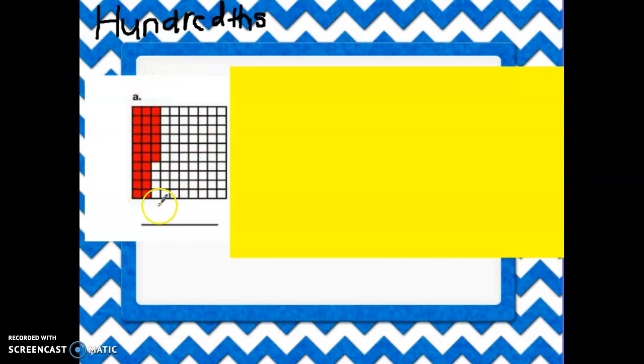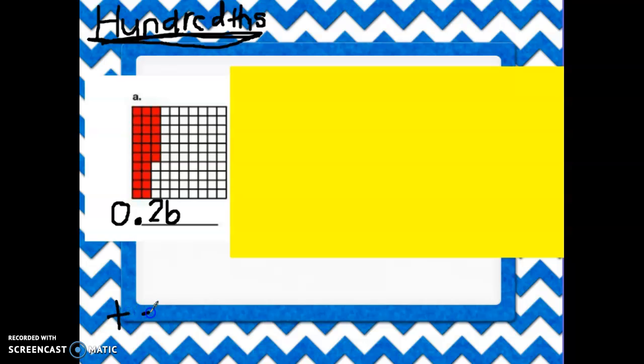So I'm going to write 26, except I'm not going to write the whole number 26 because I know that this is representing a decimal, and I know that it's a decimal to the hundredths place. So I have to put my 0 and my decimal point, and then when I read it, this 6 should be in the hundredths place because I want it to say 26 hundredths.